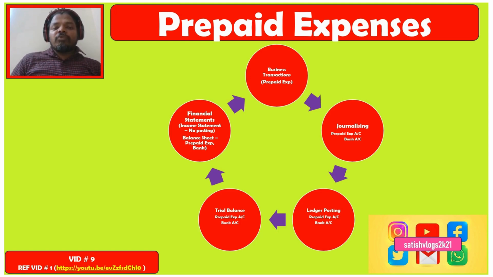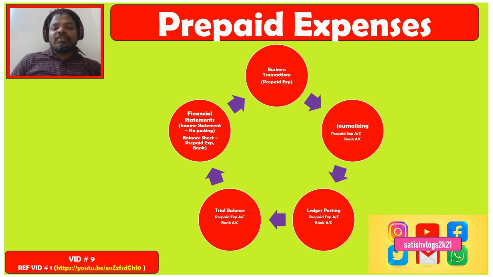Now let's move to the last phase of an accounting cycle, which is the financial statements phase. What are the key statements as part of the financial statements? One is the income statement and the other one is the balance sheet.